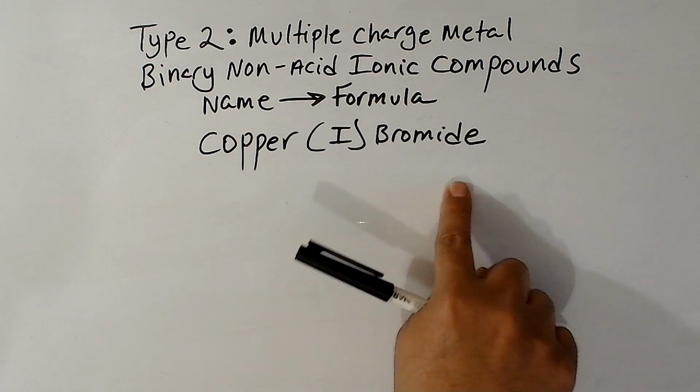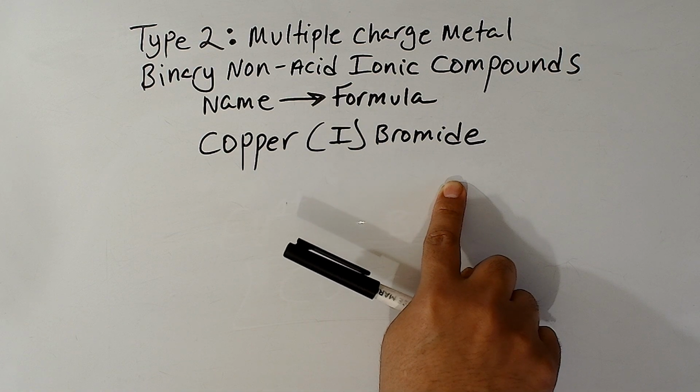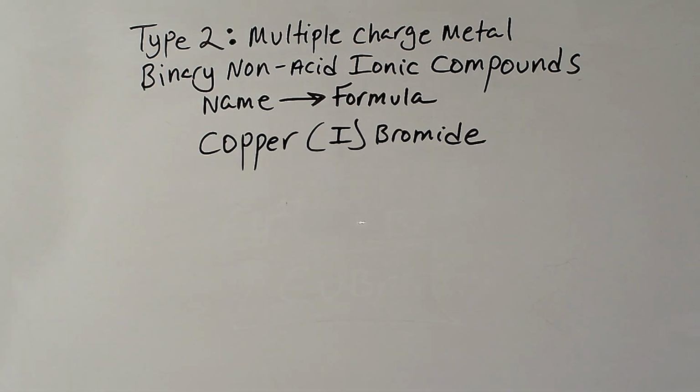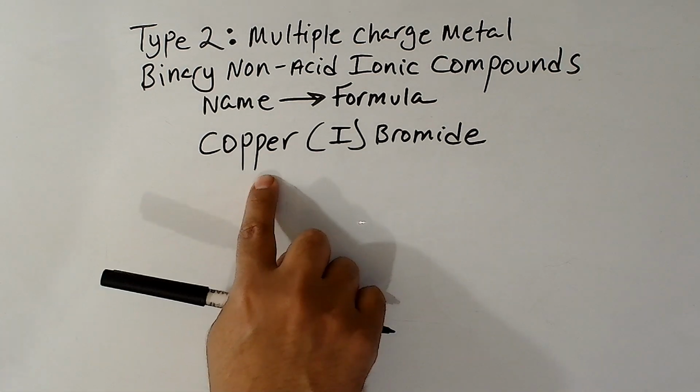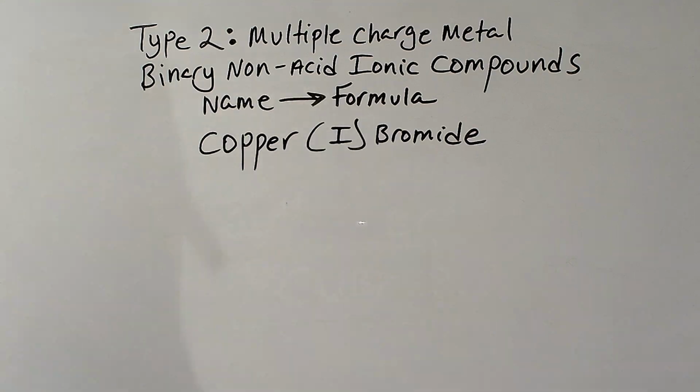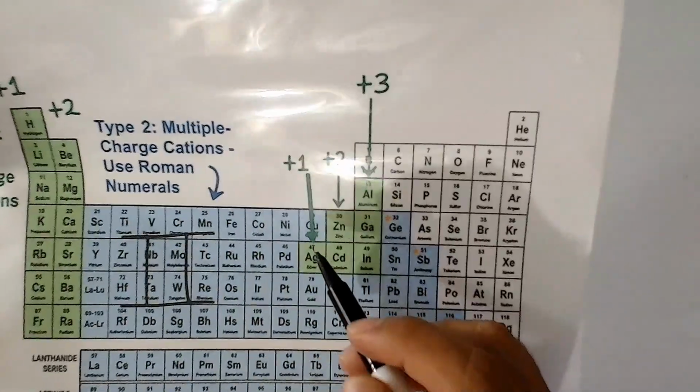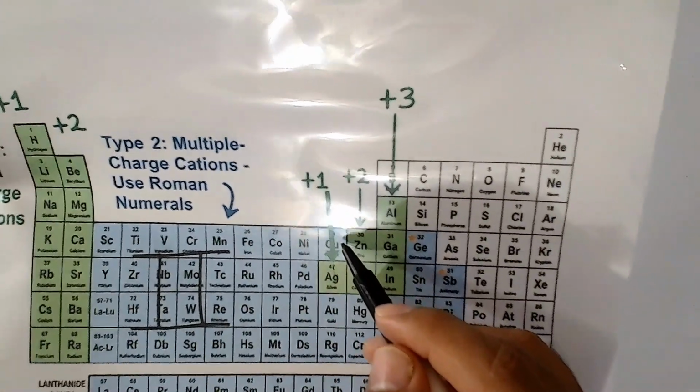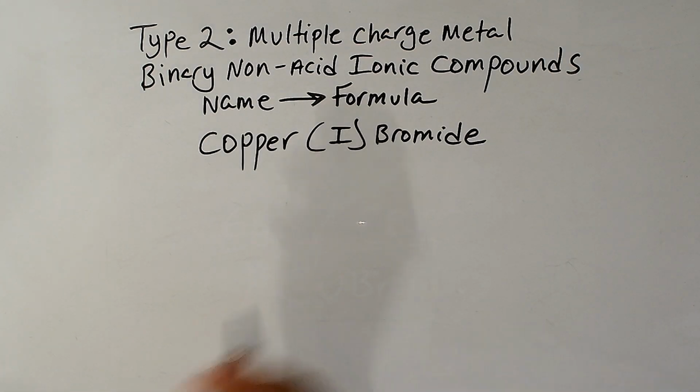By looking at this compound, I can tell that it's a type 2. Why? Because the cation falls within the blue region. It's copper, which is found right here. So the first step is to write the chemical symbols and their charges.